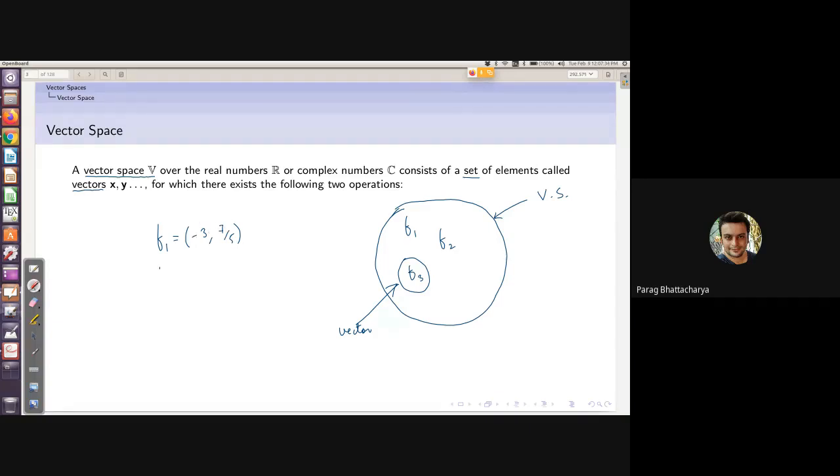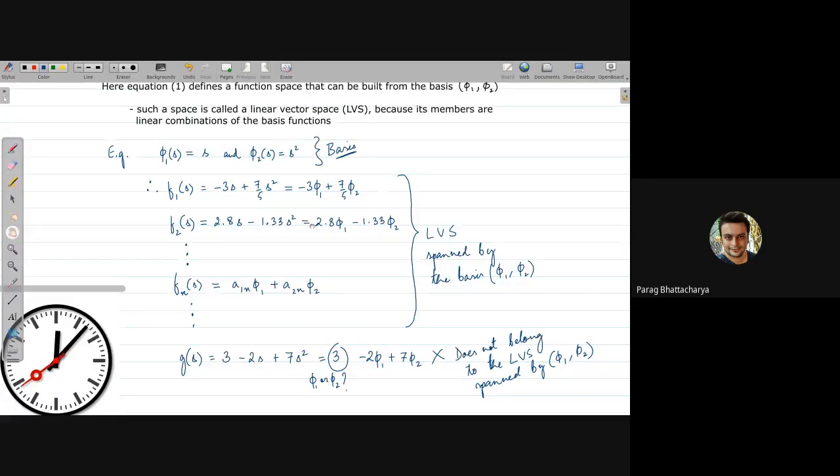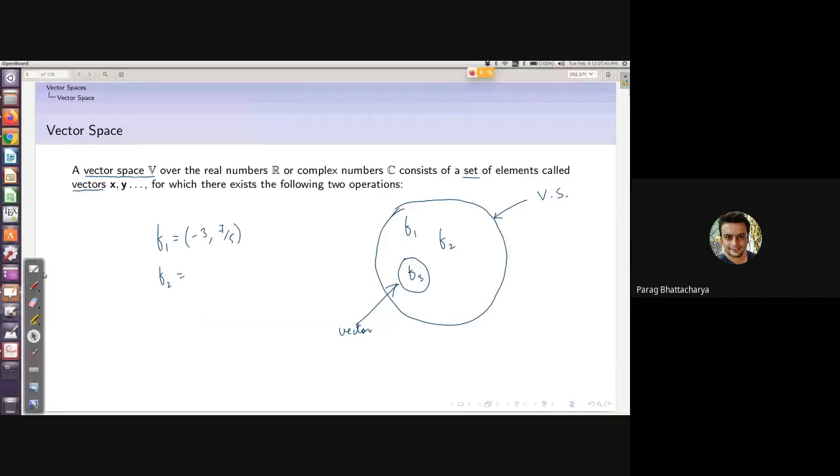Similarly, f2 is 2.8 phi 1 minus 1.33 phi 2, so I could just write this as 2.8 comma minus 1.33. So these are just like vectors, which is why each of these elements in the vector space is known as a vector. Is this clear?